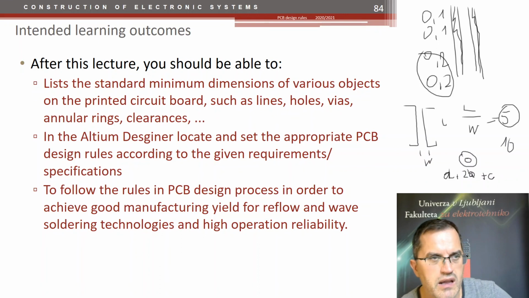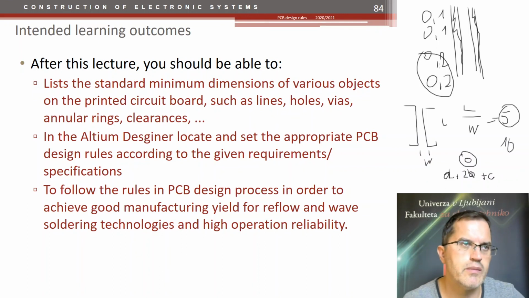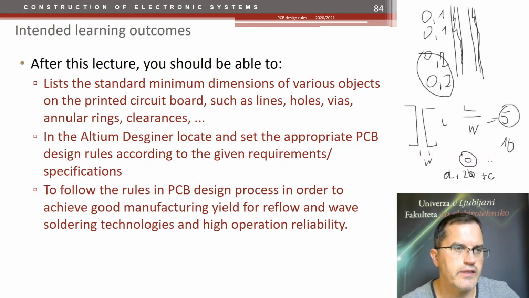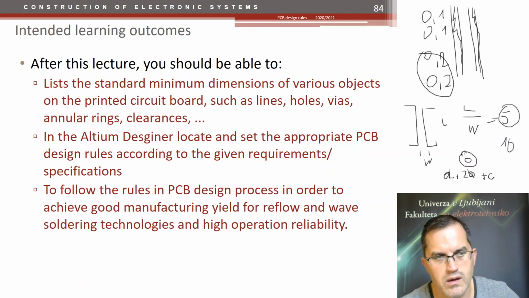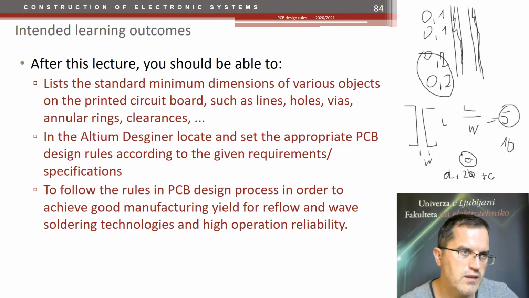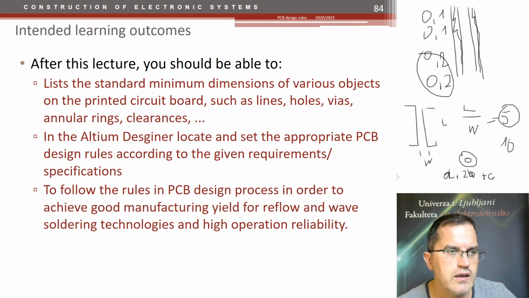So these are mainly the numbers you should remember. 0.2, 0.2 for clearance and for width minimum, L over W, and the typical hole width and the annular ring width for the wire is, let's say, in a range of 0.6, 0.3 millimeters.